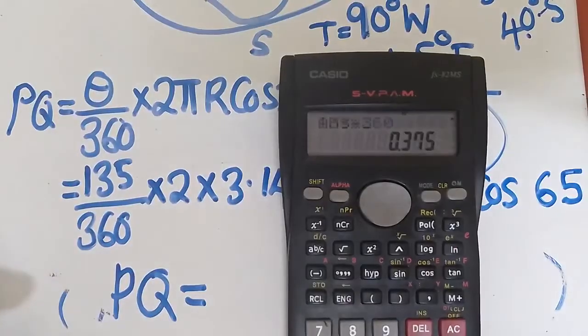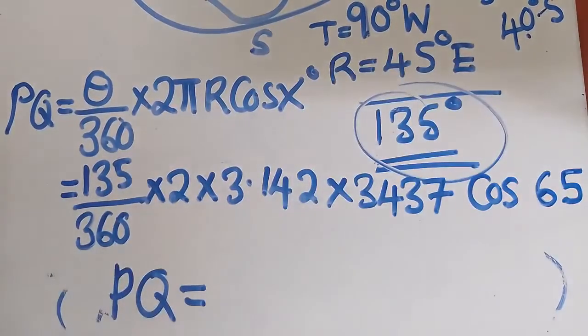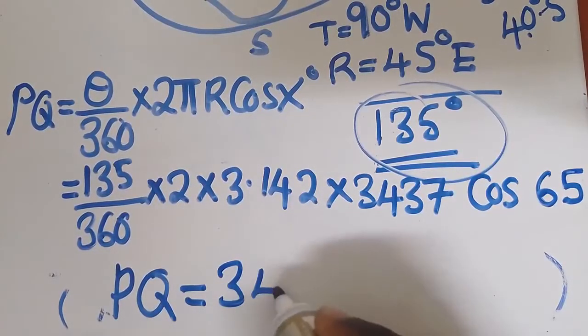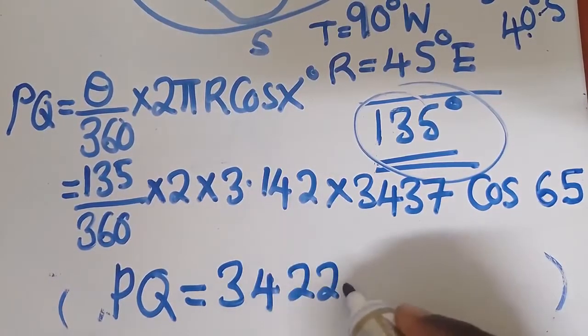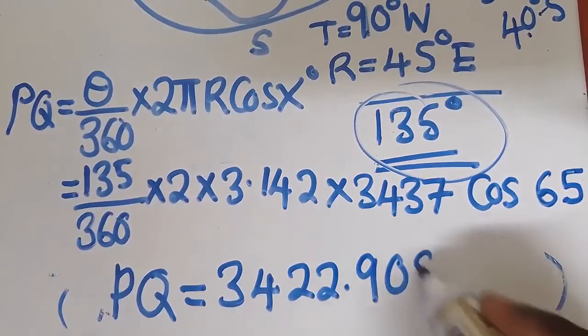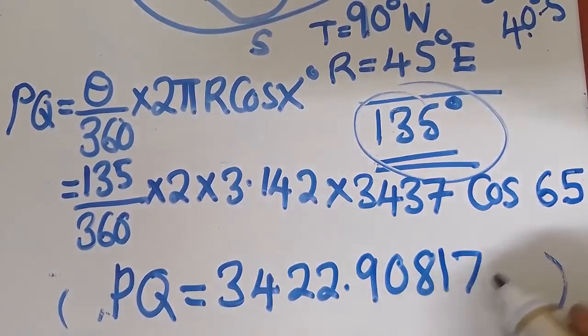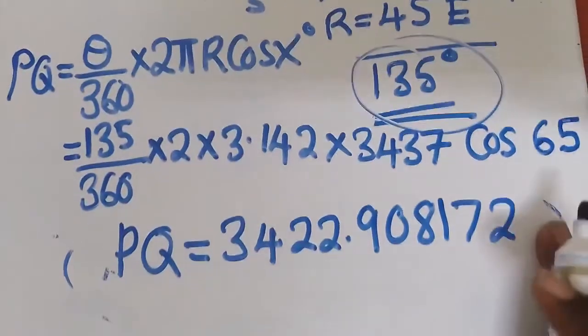Then I start times 2 times pi, 3.142, times 3437 cos 65. What answer am I getting? I'm getting 3422.908172. This is the answer which I'm getting.